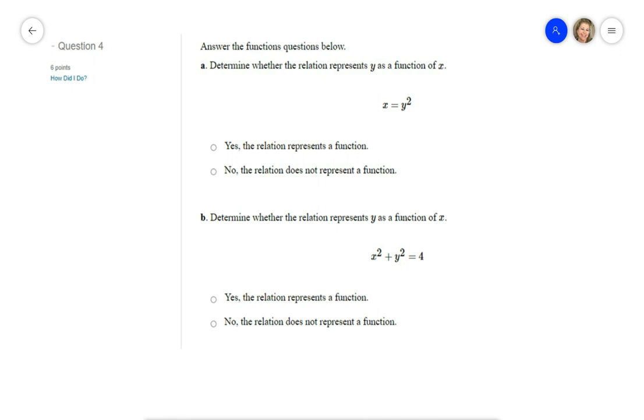The other way, I've said this before, I'm a visual learner. And when I see equations like these that have x's and y's in them, I always try to give myself a visual of what the graph would look like. Now, for part A, you have an x that is to the first power, but the y is to the second power.